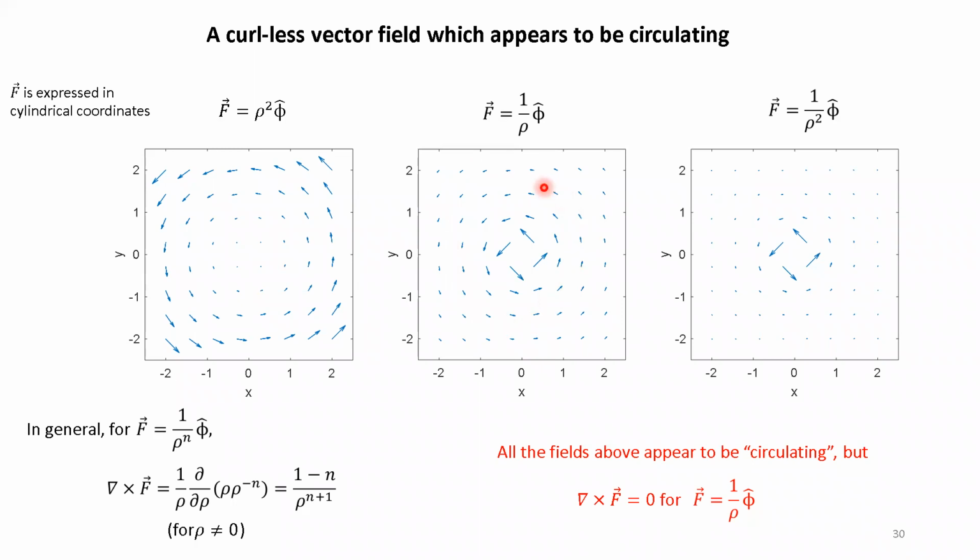Again, how do we make sense of it? Remember, the divergence and the curl examine the local behavior of the field, a very small region. So we need to consider the line integral around a small region.